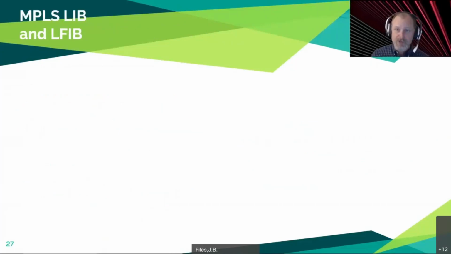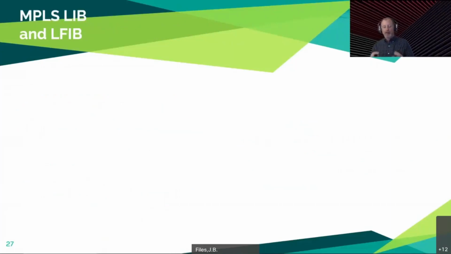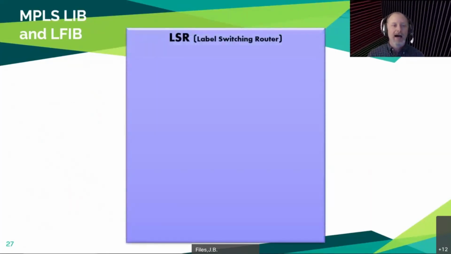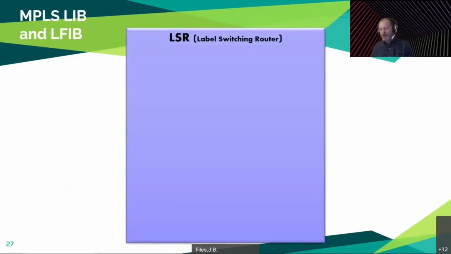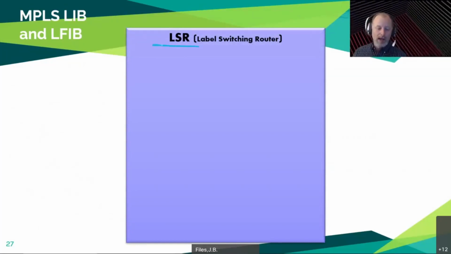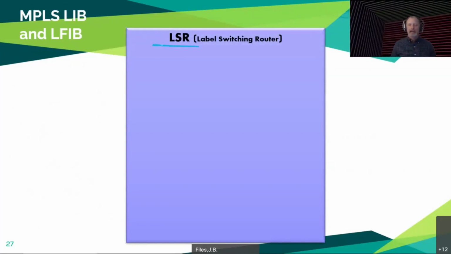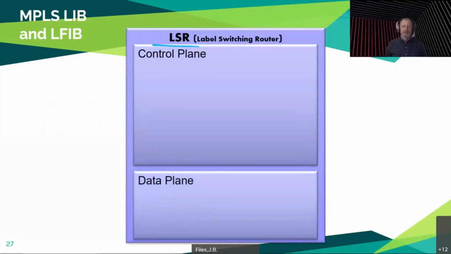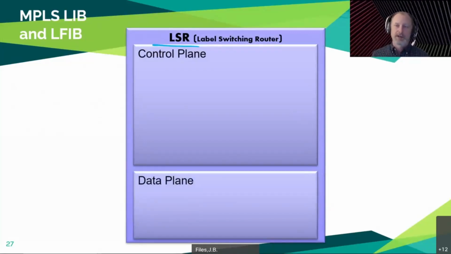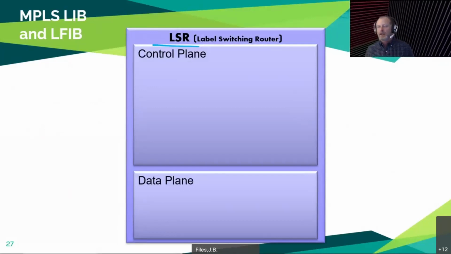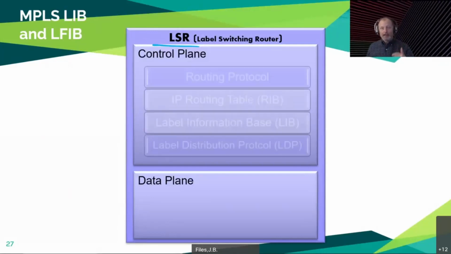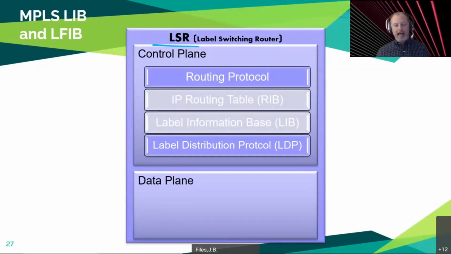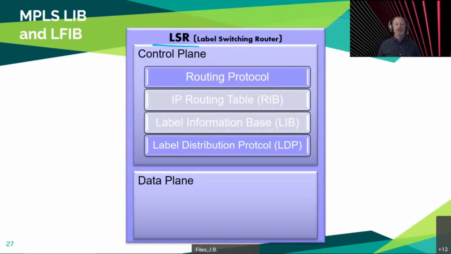So let's talk about the router itself and how it works. We have a label switching router, or LSR. It's divided up into a control plane and a data plane. There's a management plane too, but we're not really concerned with that right now. In the control plane, we have the routing protocol and the label distribution protocol.